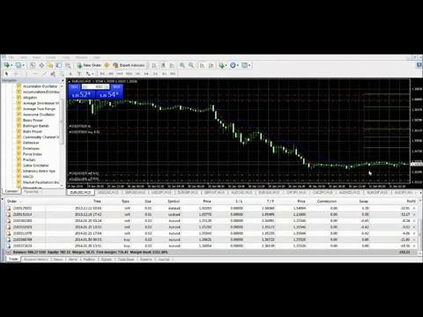It's kind of flattened out for the day, but at the beginning of the day it's been on a very steady decline, which was actually very good for us, because there were a lot of sell trades listed on here. So what happened is, as the charts move down, it triggers all the sells, and that's where we end up profiting. So I'm just going to show you how we go about making this trade.